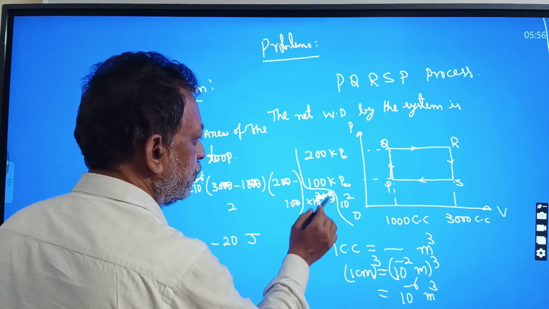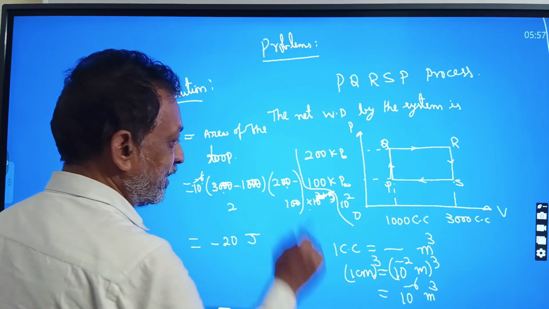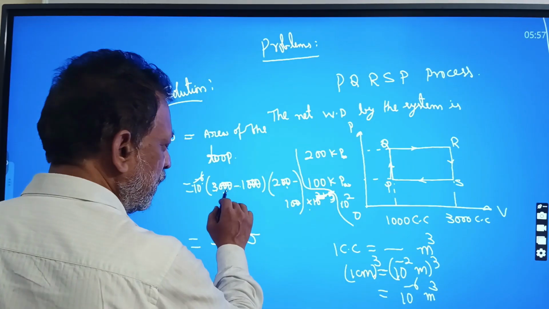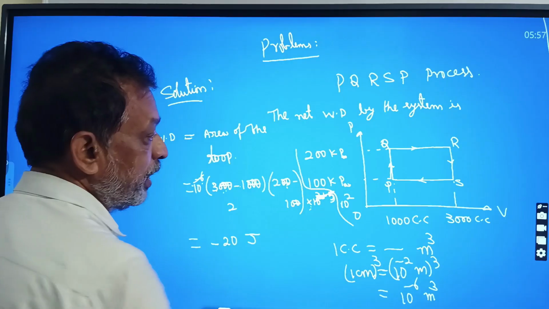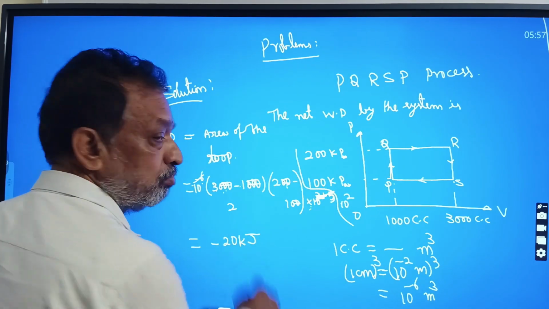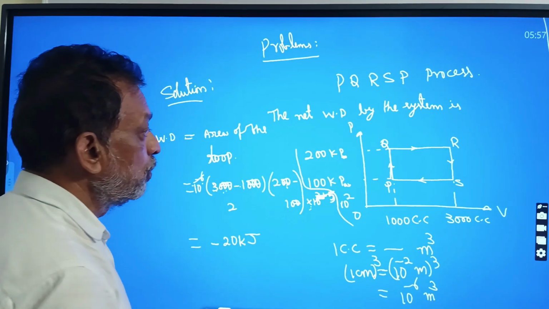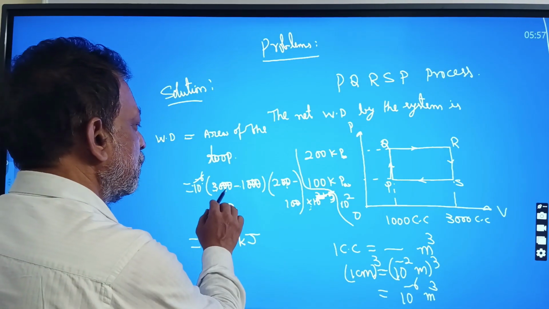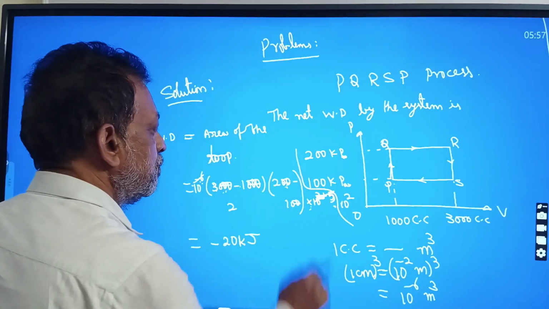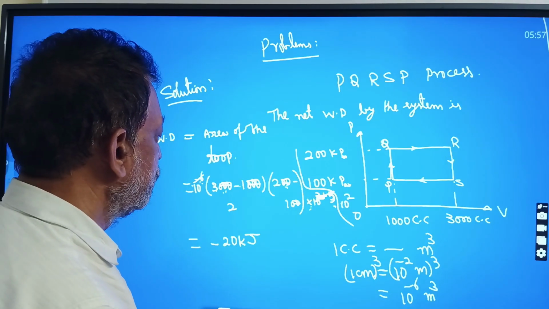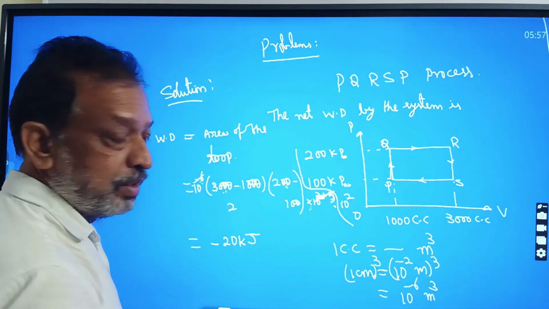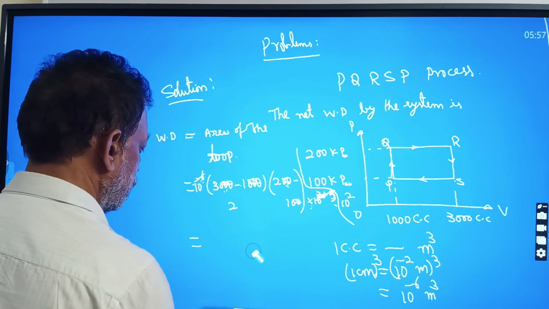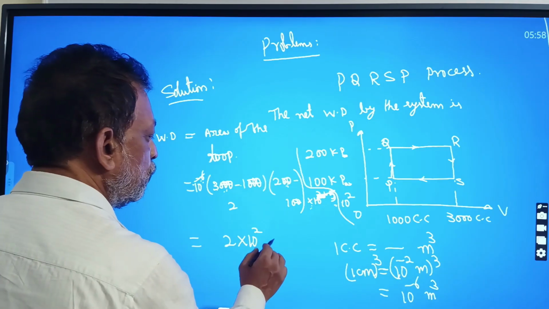Kilo is already there, so I can say kilojoule. Keep kilo outside. So 3 plus 5 minus 6 is 2, so 2 into 10 to the power of minus 1.